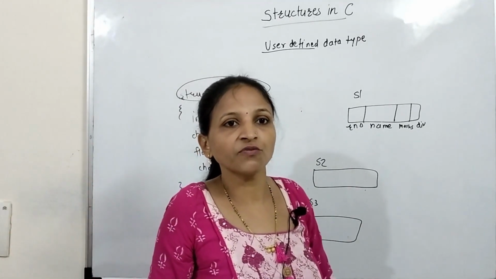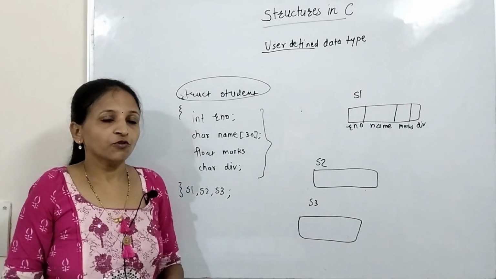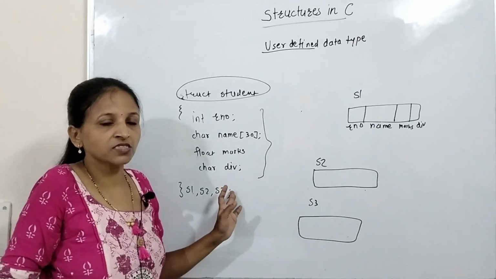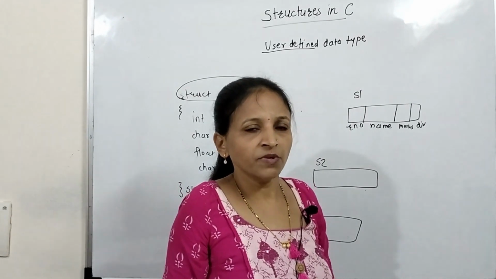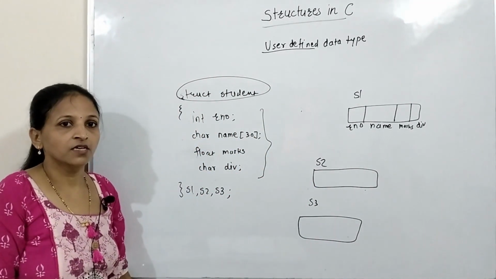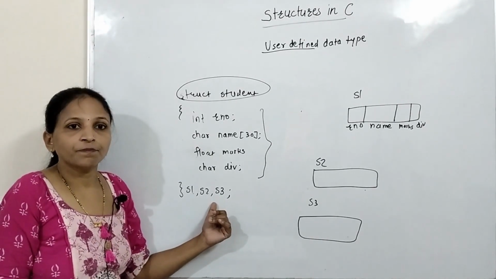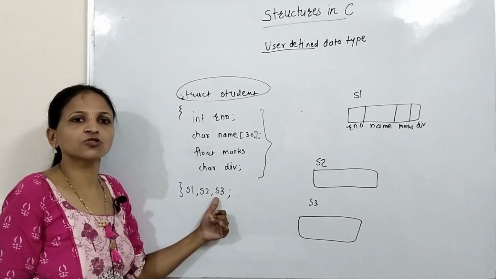Any bank account if you are considering, that bank account can be considered as an object. Means if you are creating this type of structure for representing a student, in the same way we can create a structure for representing any account. Means structure is a way to represent an object. Now here multiple objects of the same type, like S1 is a student, S2 is a student, S3 is again a student.